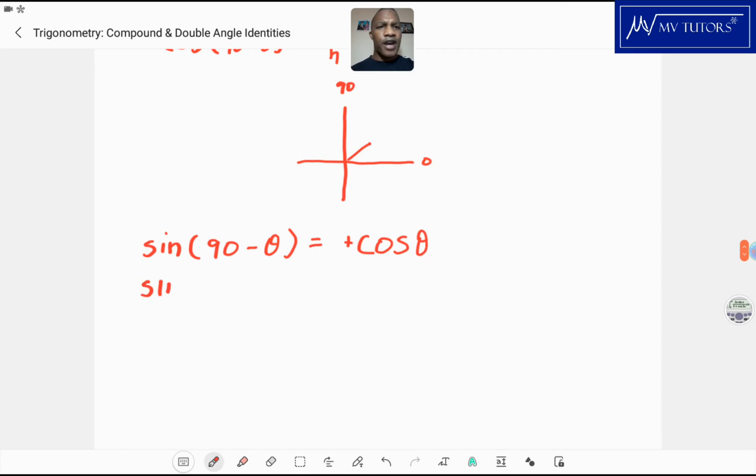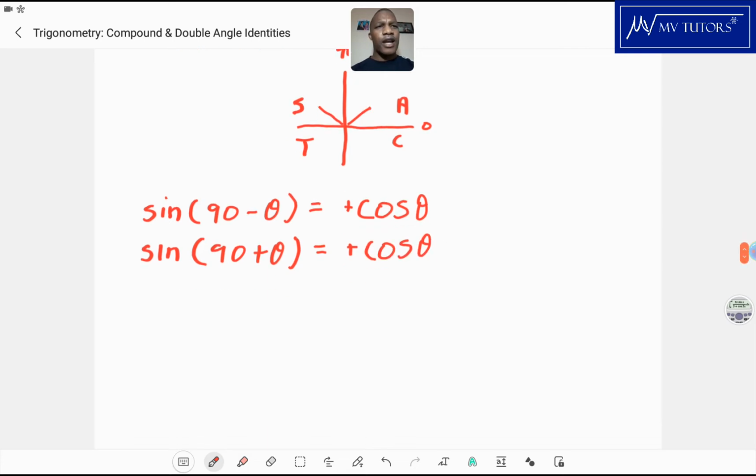If I say sine 90 plus theta, first of all, it's in this quadrant. That's 90 plus theta, it's in the second quadrant. So sine there, if you remember your CAST, sine is positive on that quadrant, and then 90 plus theta changes a sine into a cosine.